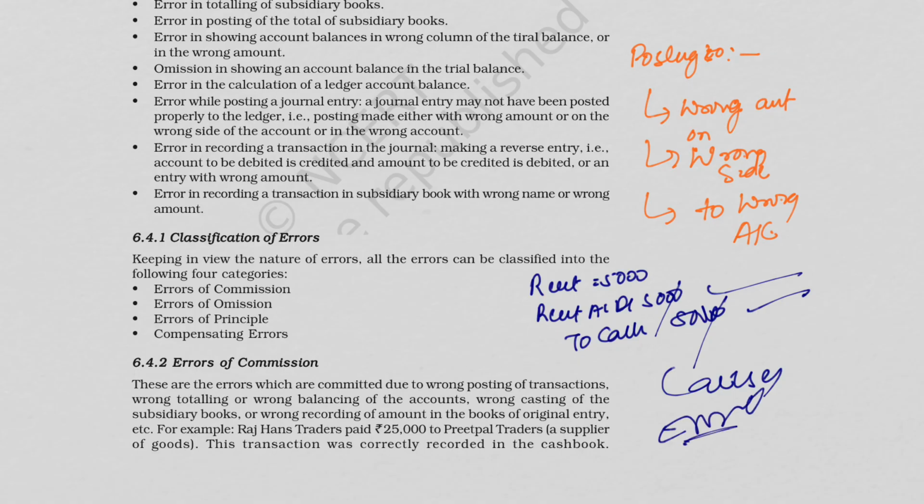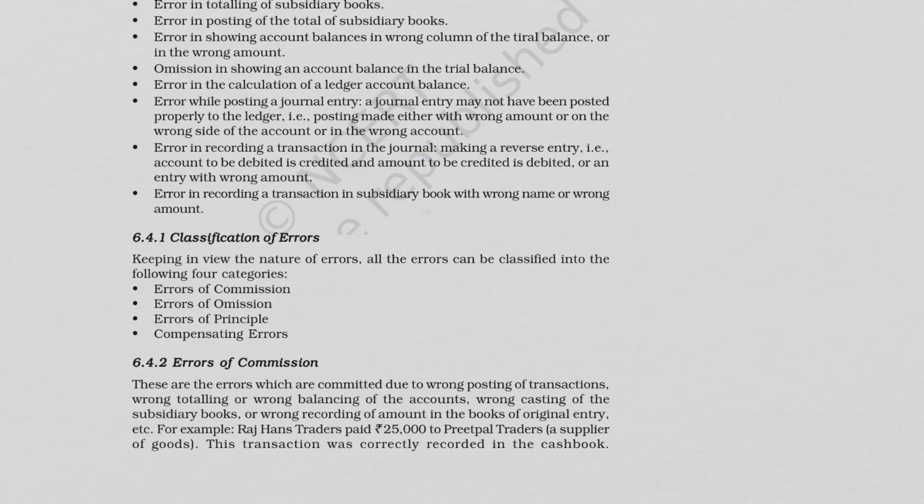Then we have error in recording the transactions in journal. The transactions may be recorded incorrectly in the journal. For example, a wrong amount is recorded, or debit and credit are reversed. Suppose we have cash received rupees 2,000, so the correct entry would be cash account debit.